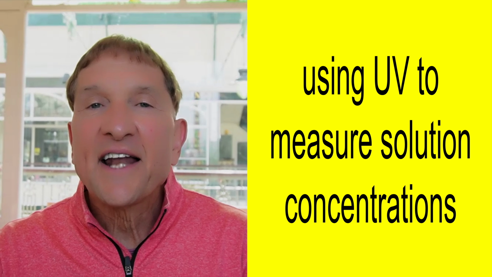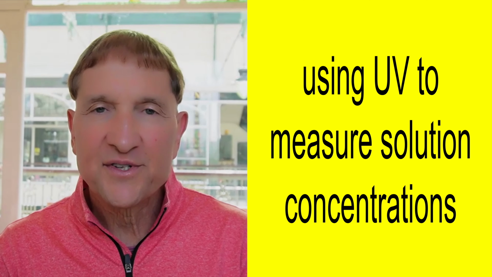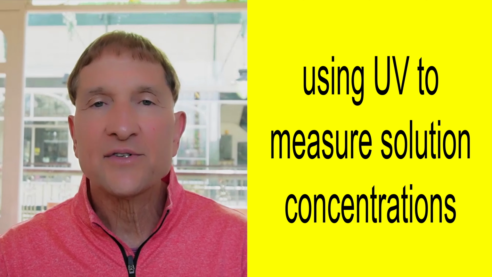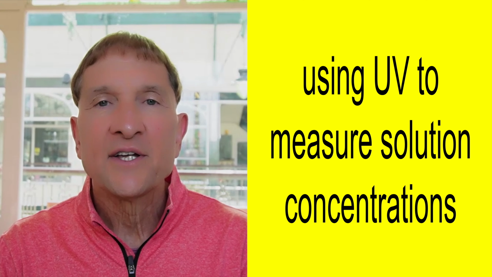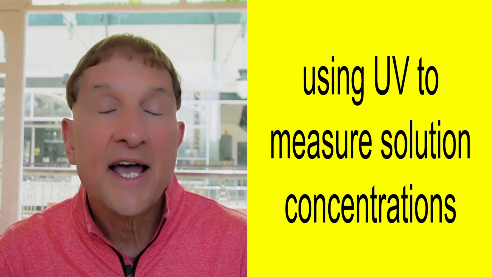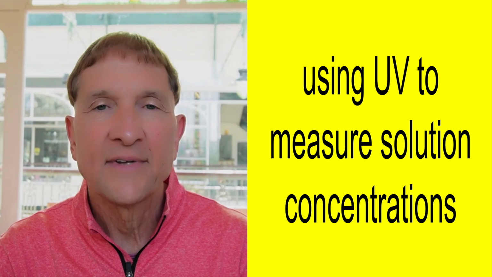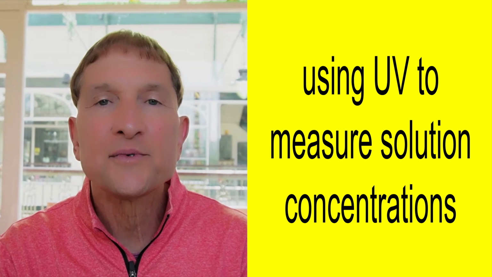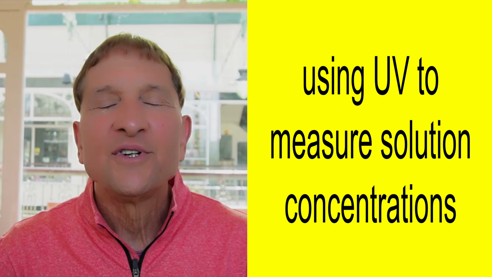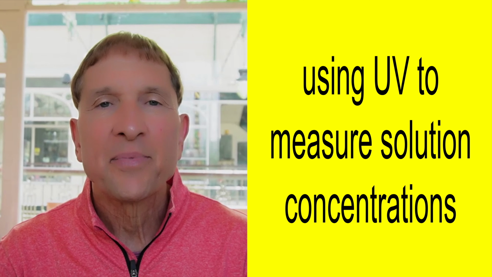If you work in any laboratory related to the biosciences, including chemistry, you are likely to encounter UV methods to measure concentrations of compounds that contain chromophores. Chromophores are groups that absorb UV light. This is possible due to two observations.